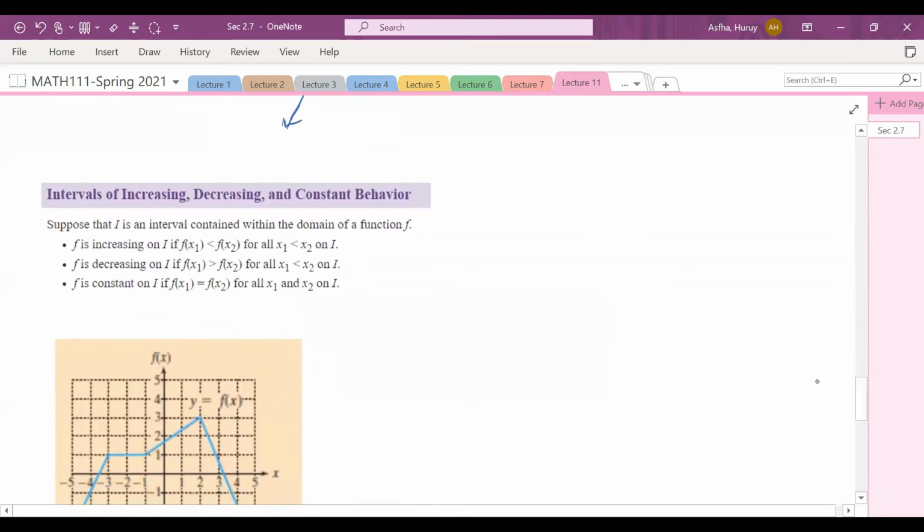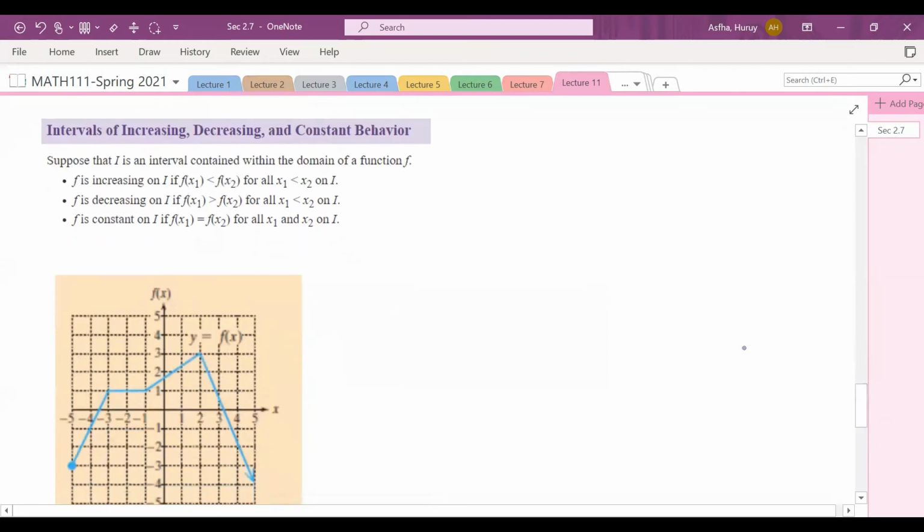All right, the next is finding the intervals at which the function is increasing, decreasing, or constant. This is another behavior of the graph of a function. Now, when do we say a function is increasing on an interval? Consider the interval I, which is just an interval in the domain of the function f.